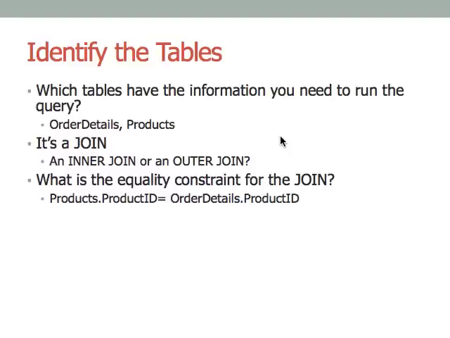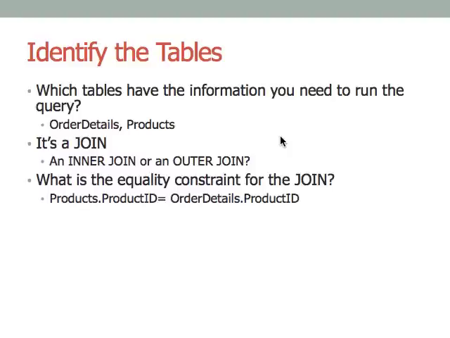Inner join if you're only looking for common elements or common values between the two sets or tables that you're joining based on a common field. If you're looking for all the rows from a table and only matches from the other table, you're looking at some kind of an outer join.